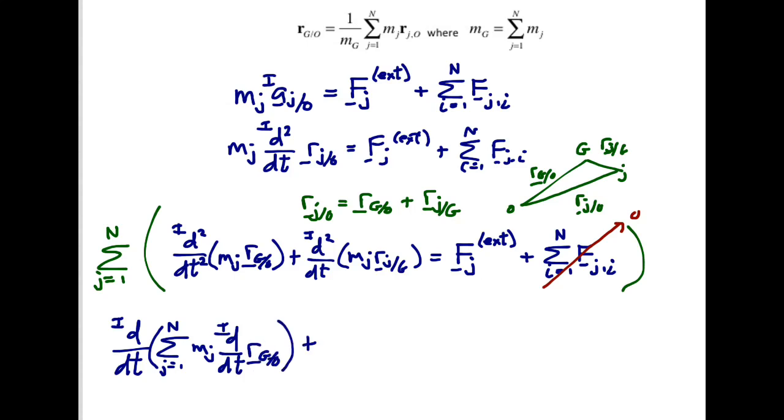And then for our next term, we're going to leave our time derivative the same, but distribute our summation on the inside once again. So we get the summation of j equal to 1 to n, and then this is mj multiplied times r j with respect to g. And then this is equal to the summation of only our external forces on the entire multiparticle system.